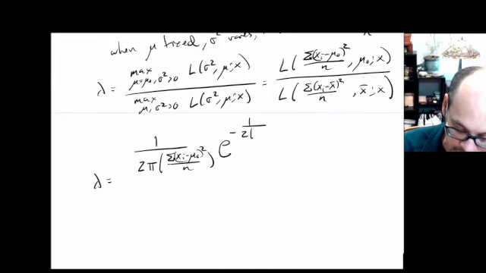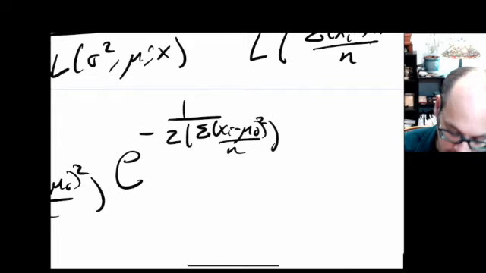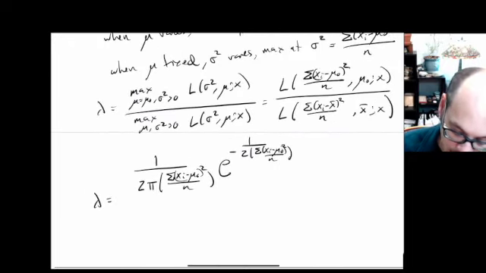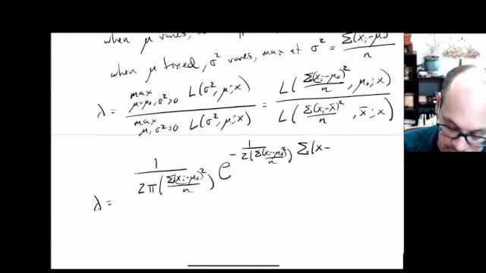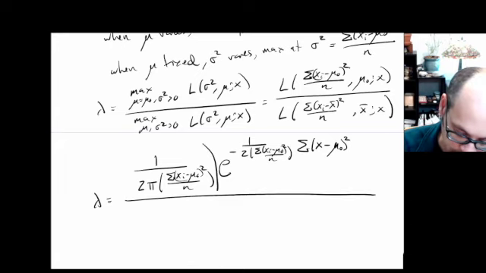Sigma squared in this case is the sum of the xi minus mu naught squared over n. Yes, that looks right. Times the sum of the x minus mu, and what is mu? It's mu naught in this case, in the null hypothesis land, squared. That's my top. And this whole thing is to the power n halves.